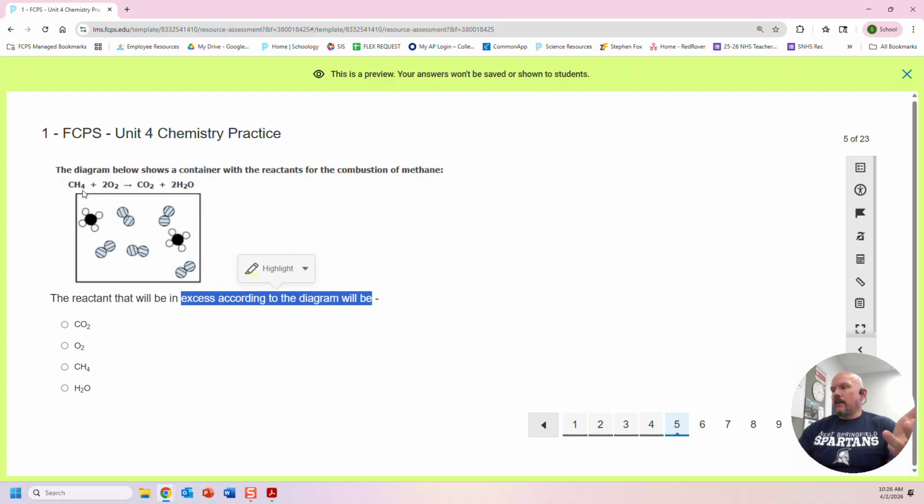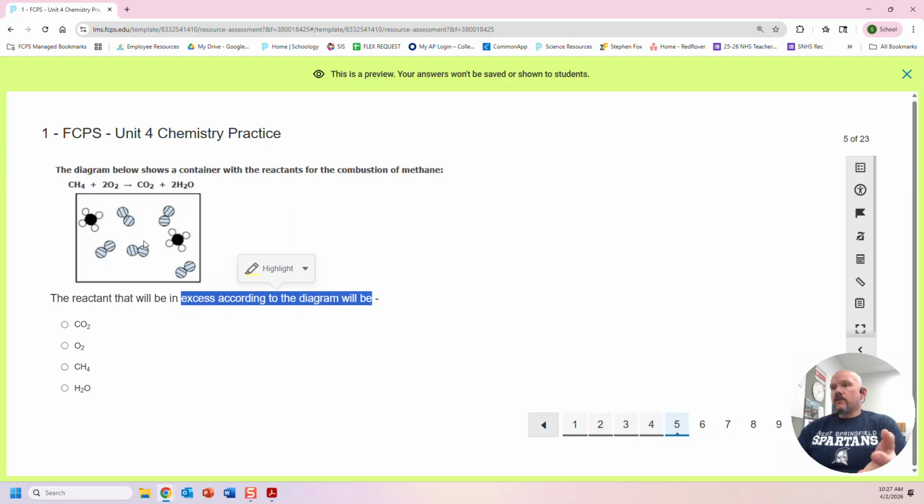If I run out of methane, no more methane can burn, right? And the mole ratio is also a particle ratio. So you could say 1 mole of methane needs 2 moles of oxygen to burn completely. Or you could say 1 particle of methane requires 2 particles of oxygen to react, right?